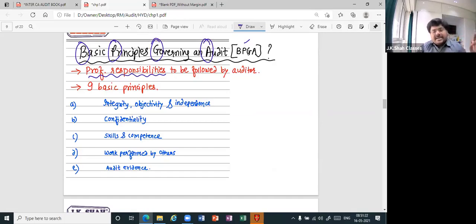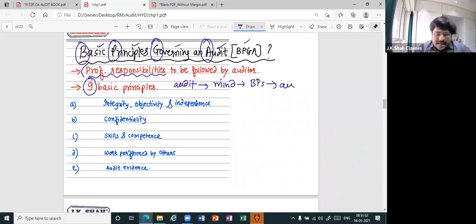Whenever he does an audit, he has to carry out certain professional responsibilities. Those professional responsibilities are basic principles governing an audit. How many basic principles are there? 9 basic principles are there. It means whenever the auditor will do audit, he has to keep in his mind all the basic principles.